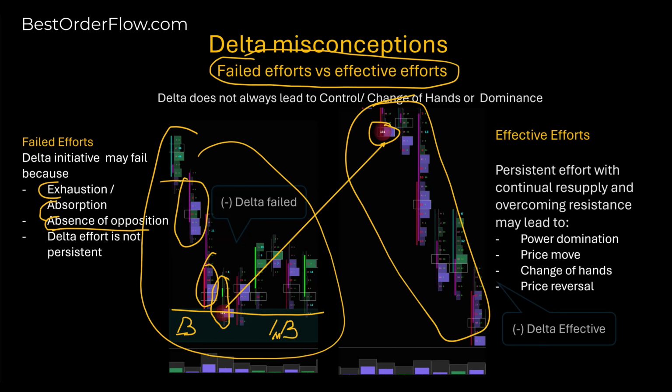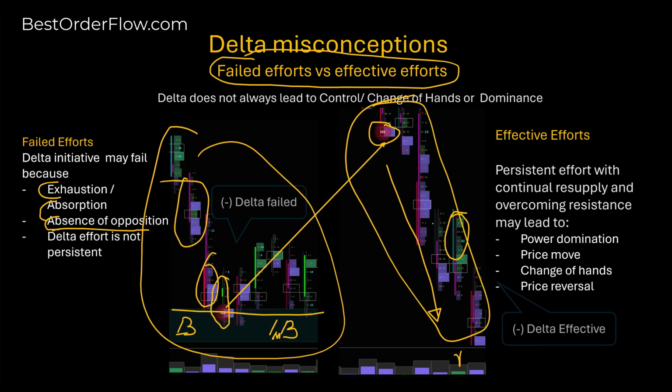So delta itself is not defining the final outcome. There was some opposition over here with a little bit of positive delta right over here. But the absence of opposition can mean we're going to achieve price effectiveness because there is no opposition, not necessarily because this delta is strong.